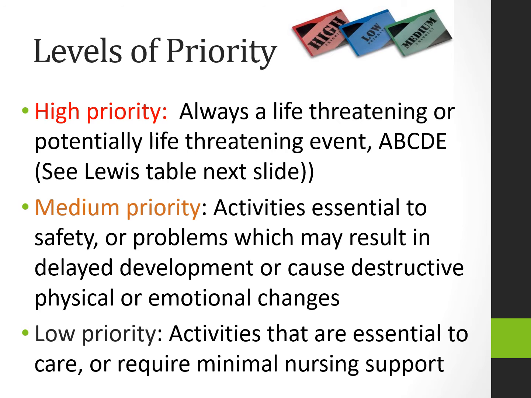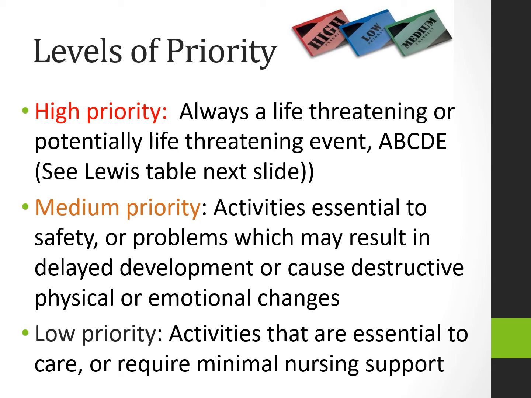Levels of priority. When evaluating how you should respond to situations from a clinical perspective, it will be important to categorize activities by levels of priority. High priority would include life-threatening or potentially life-threatening events, and this is where the ABCDE system can be very effective.